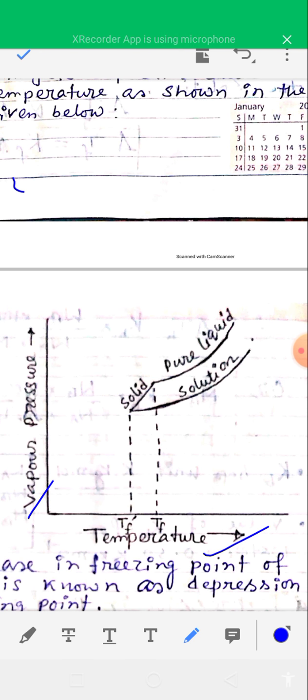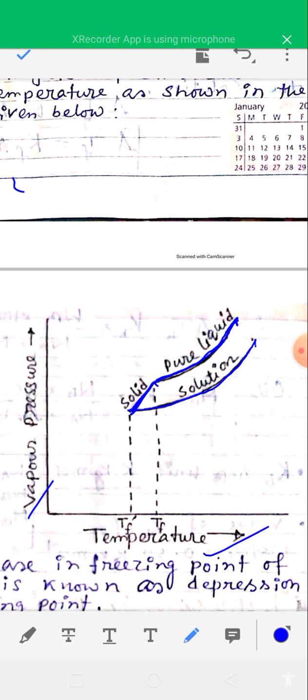A liquid will freeze only when the vapor pressure of the pure liquid becomes equal to the vapor pressure of the solid. This line is for the solid state, this line is for the pure liquid, and this represents the change in vapor pressure of the solution.